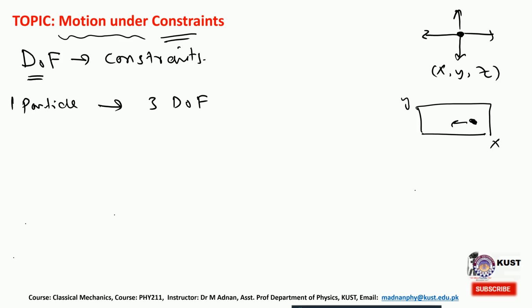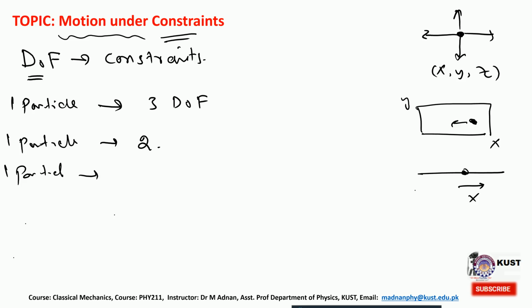So in this situation, again we have one particle and the degrees of freedom are now 2. Now the same object is compelled to move along this x-axis, that is, now it is compelled to move on a straight wire, and the same one particle is now having 1 degree of freedom.